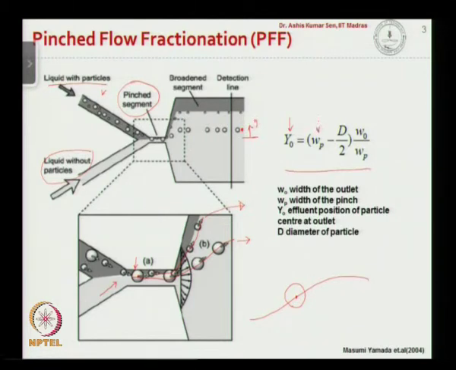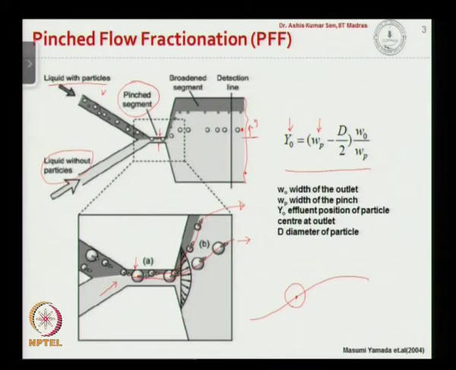Wp is the width of the pinch segment, and W0 is the width of the outlet. The total width here is W0, and d is the diameter of the particle.